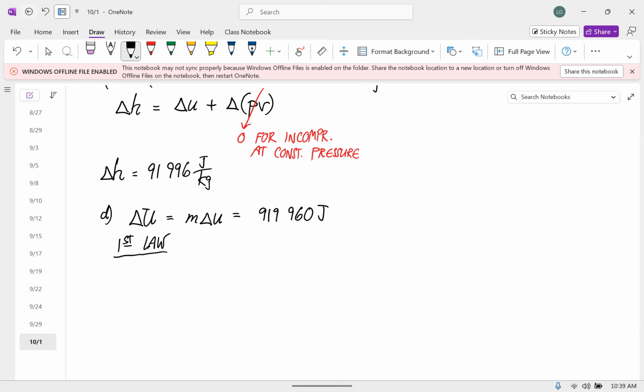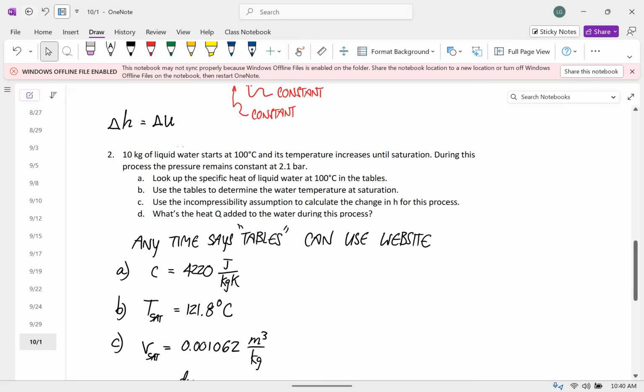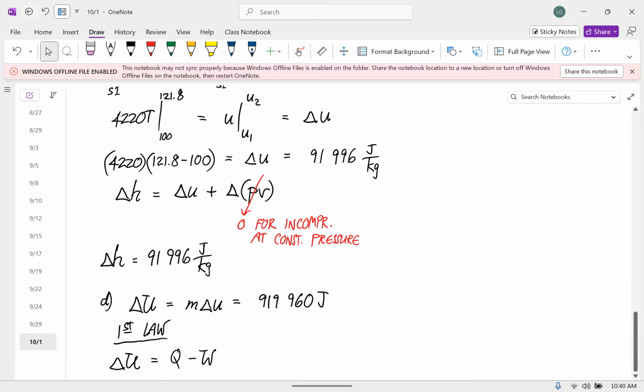And then the first law says the change in internal energy, assuming kinetic and potential effects are small, is equal to Q minus W. Are there any hints about W? Well, yes, there are.